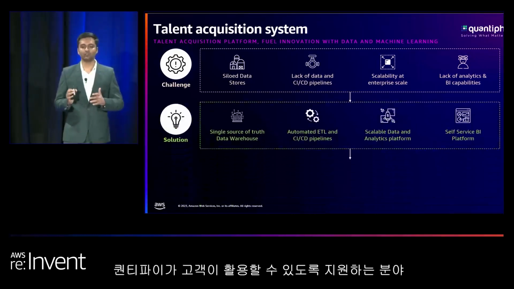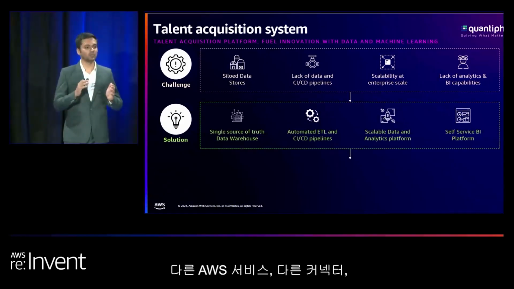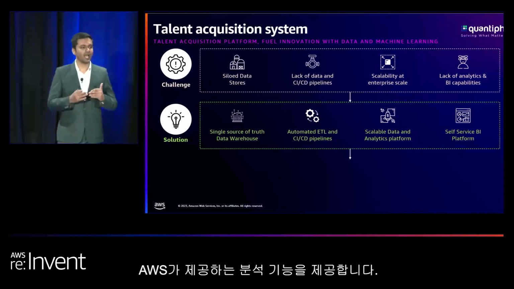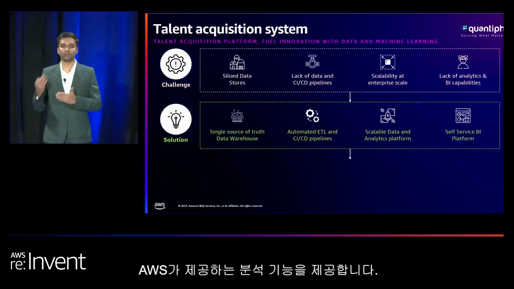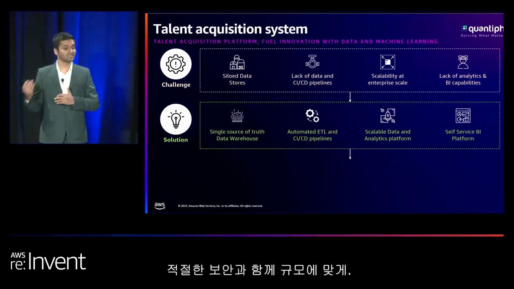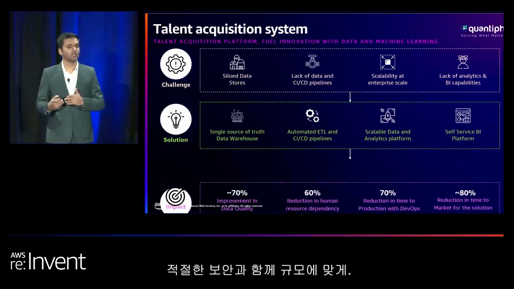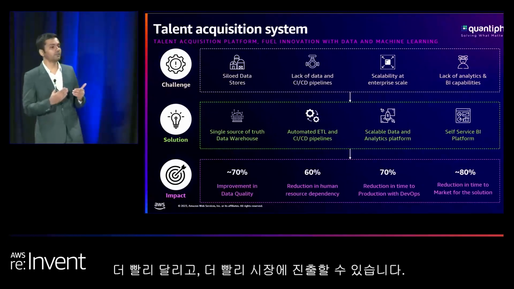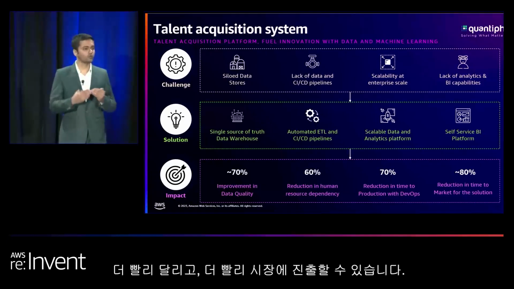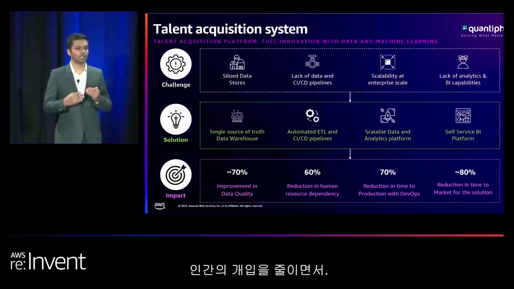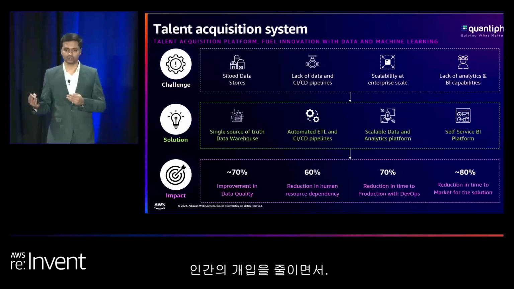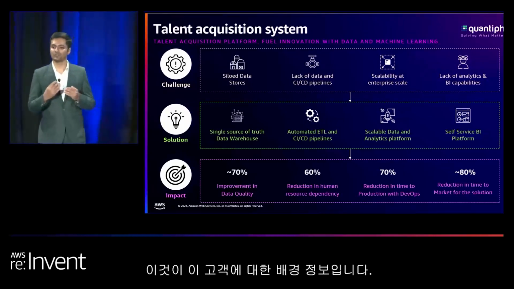We, as Quantify, help them leverage different AWS services and different connectors which AWS provides, and provide analytics at scale with proper security. From a business standpoint, it helped them to go faster to the market with less human intervention. So this was the background about this customer.